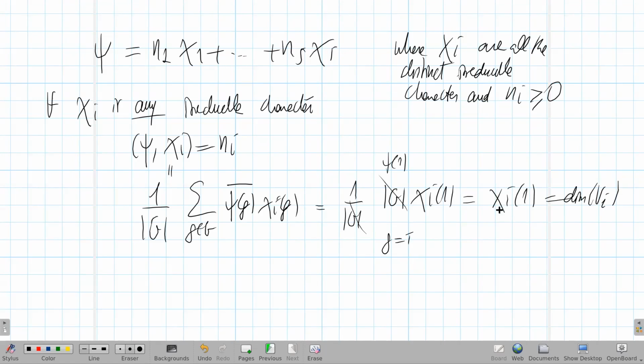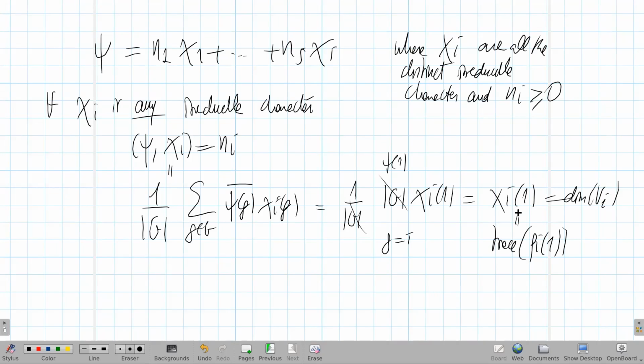Because it's the trace of the image of the identity of the group under rho I. Rho I is, of course, the underlying representation, and this is the identity matrix of size the dimension of Vi.